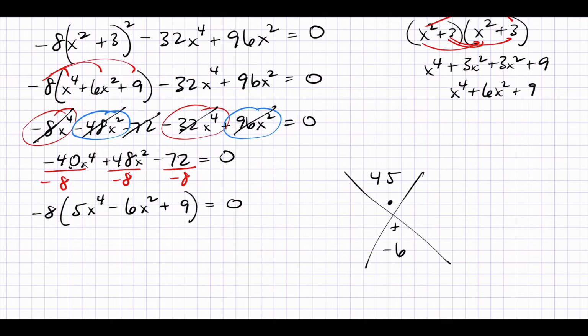What? There's got to be something. Let's see, 45, -6. We got 9 and 5, 15 and 3.